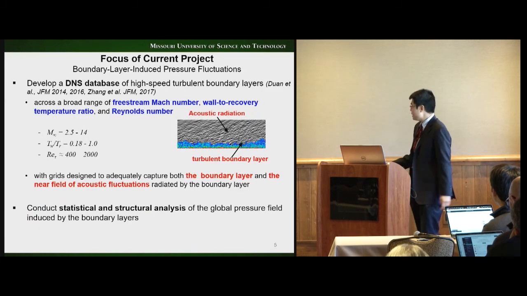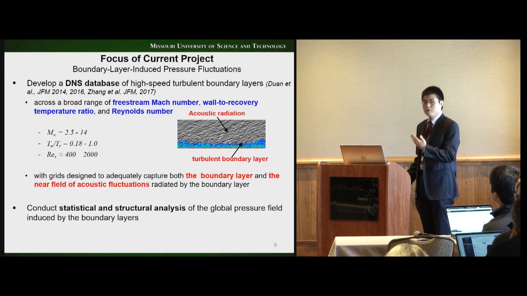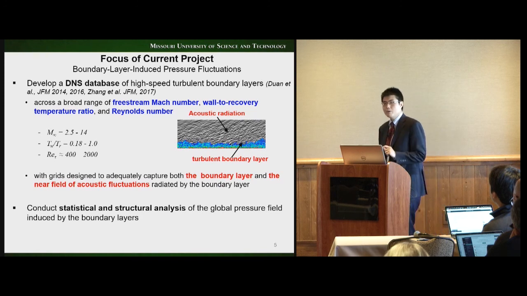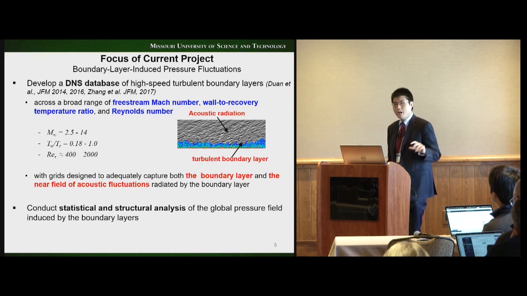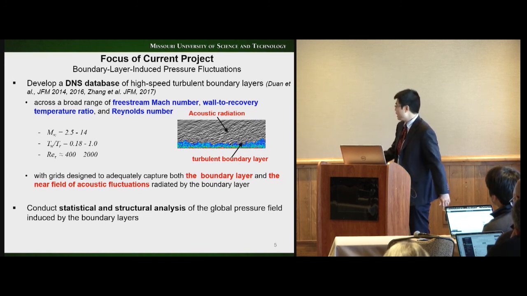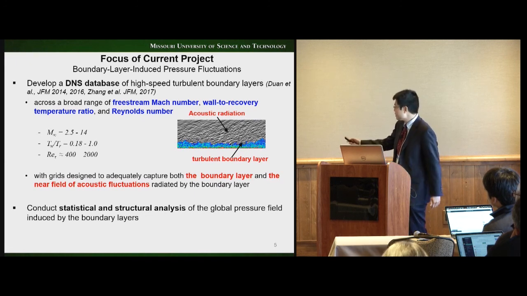This is a typical streamwise wall-normal snapshot of our simulation. Essentially, we design our simulation to simulate both the near-surface hydrodynamic layer, or the boundary layer, and also the near acoustic field, which radiates away from the surface, so we can get the global picture.